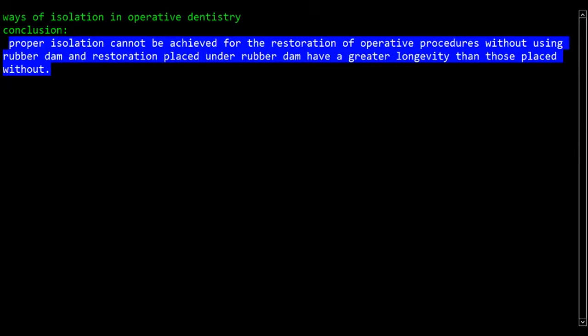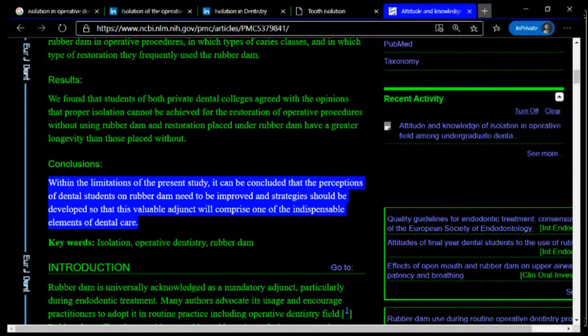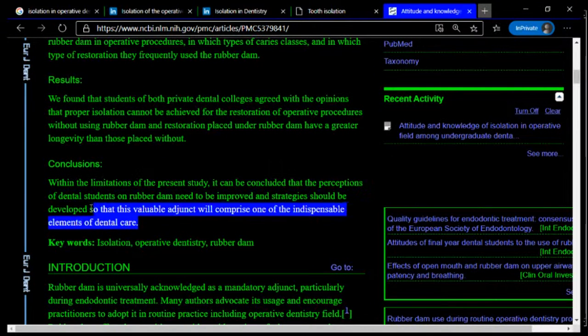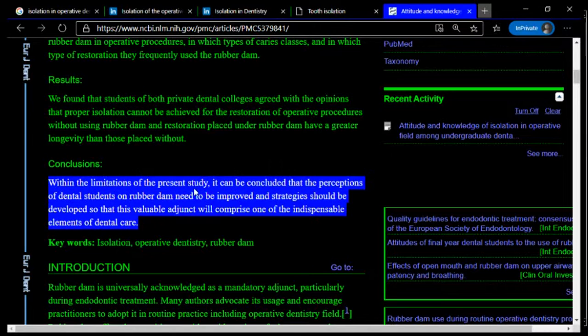This is also, sorry about that, I didn't show you the highlights. We're talking about the conclusion of the present study. It can be concluded that the perception of dental students on rubber dam needs to be improved, and strategies should be developed so that this valuable adjunct will comprise one of the indispensable elements of dental care.